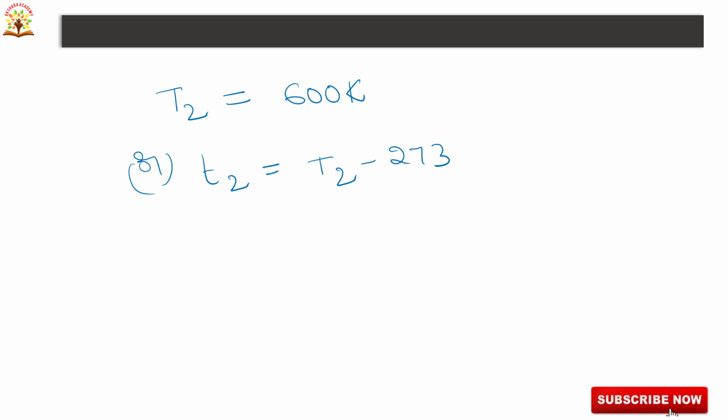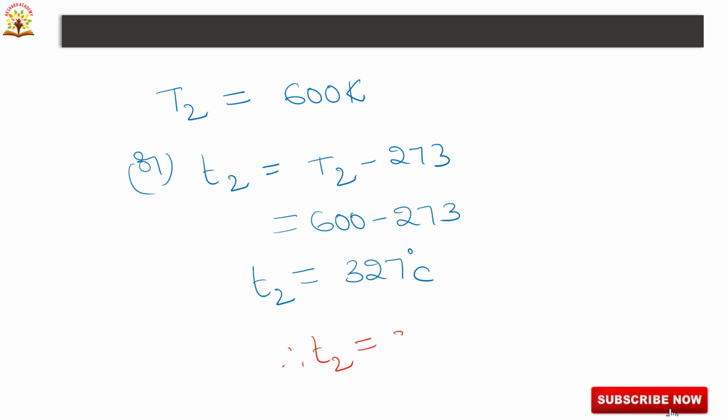So 600 minus 273 is equal to 327 degrees centigrade. So in terms of Kelvin it is 600 Kelvin, and in terms of centigrade the final temperature T2 is equal to 327 degrees centigrade.